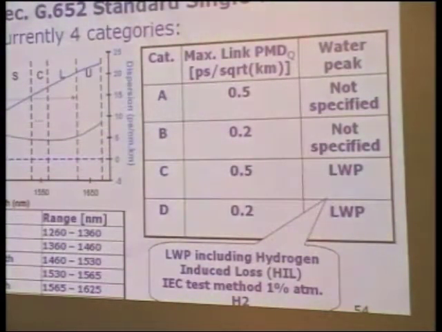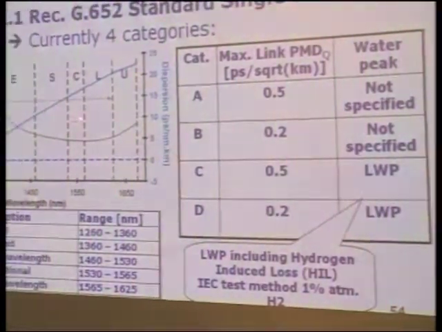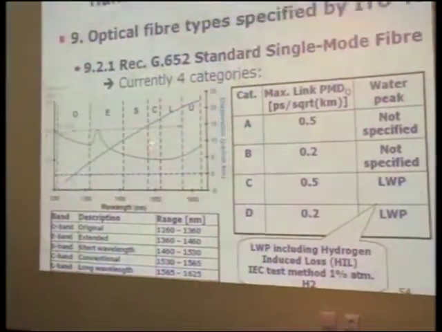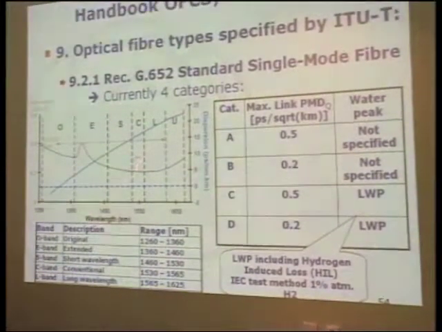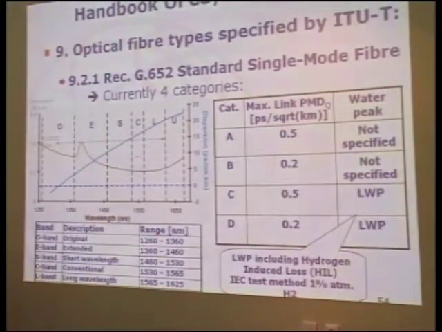So what we see here is a typical attenuation curve of a G652 fiber. The D version has a specification that over the whole range, from 1310 up to 1625 nanometer, the cabled attenuation should be smaller than 0.4 dB per kilometer. And at 1550, an additional specification is set at a level of 0.3 dB per kilometer.